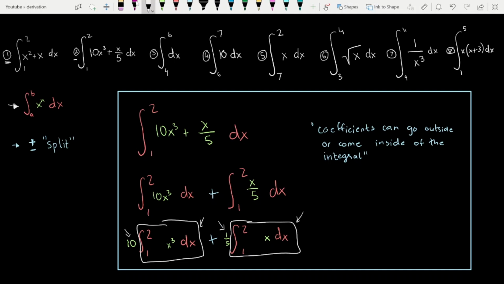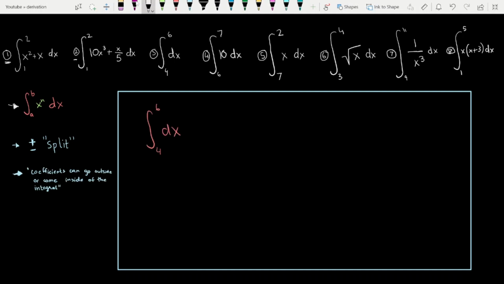We have our third integral over here, and we can see that this thing kind of looks empty. So what do we do with this? Now you got to remember that whenever you have an empty integral, or an integral in which there is no x, then that means that you have an x raised to the power 0.